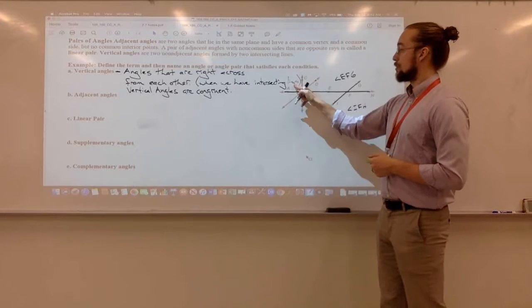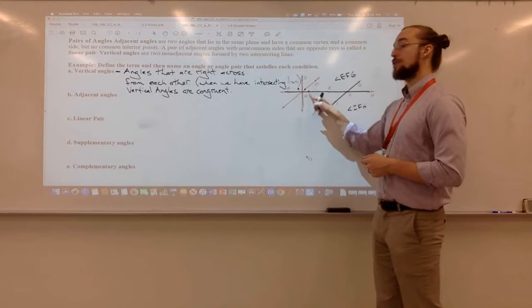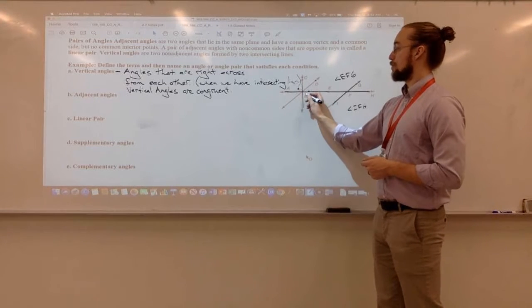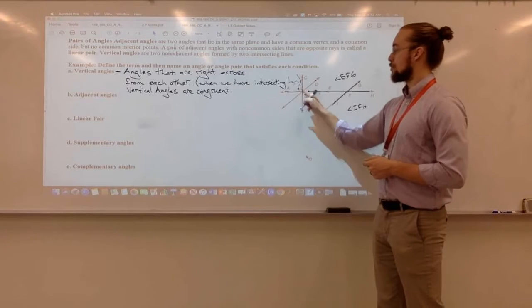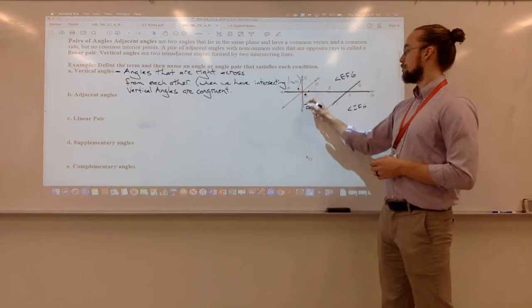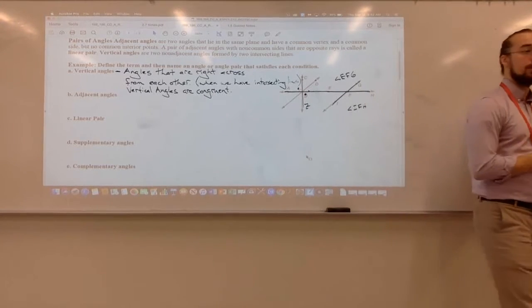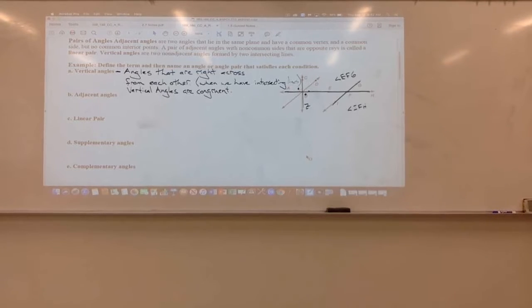The vertical angle to ABC would be this one down here. It's right across from it. So that's almost there. This one down here, there's no label down here, but we could say EBZ. Angles that are right across from each other are vertical angles.